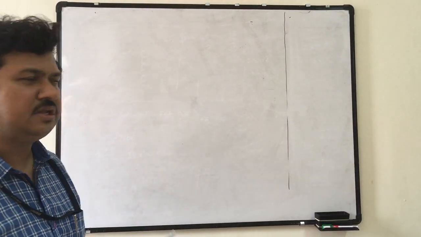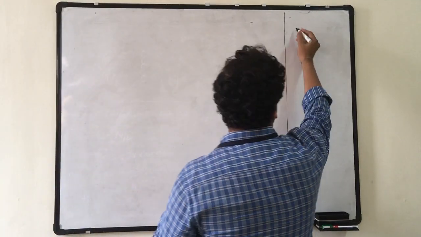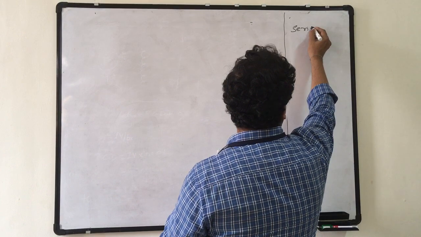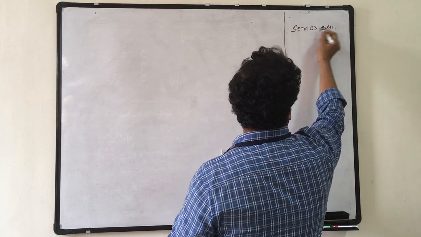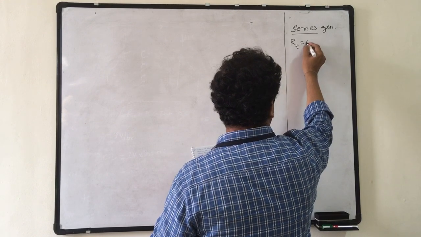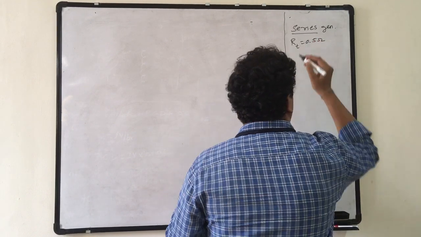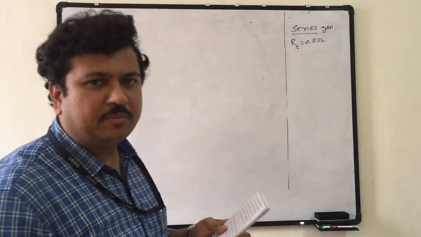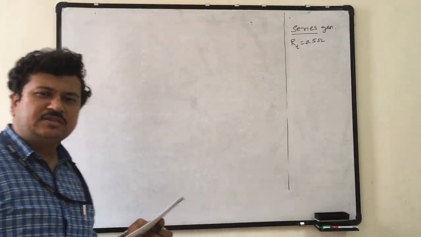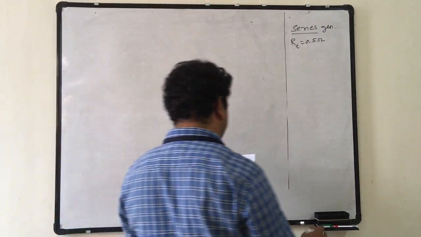Now this is a series machine. It is a series generator of total resistance 0.5 ohms. I think it includes the armature resistance, armature reaction resistance and brush contact resistance, all.